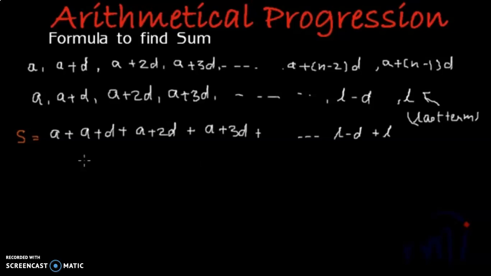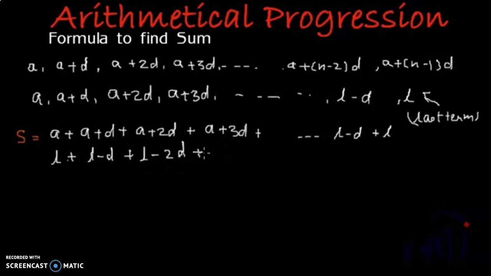Now I'm just going to rearrange it, correct? I'm just going to rearrange the numbers one more time. I'm going to start with L. It's like 2 plus 3 plus 4 can also be written as 4 plus 3 plus 2, right? So the whole thing, our equation, we can just rearrange it like this.